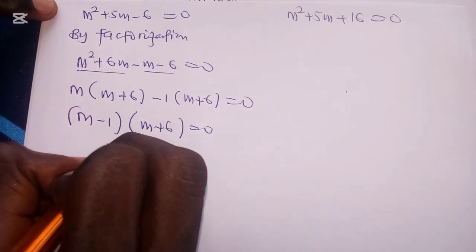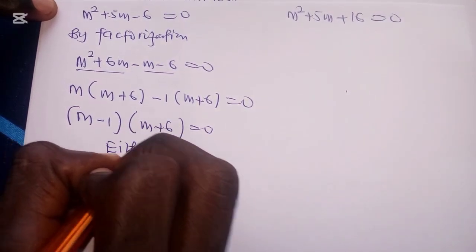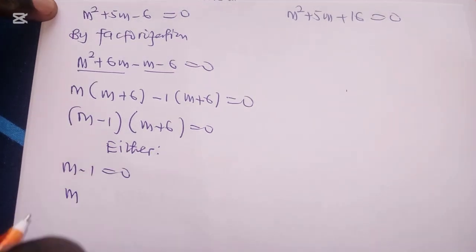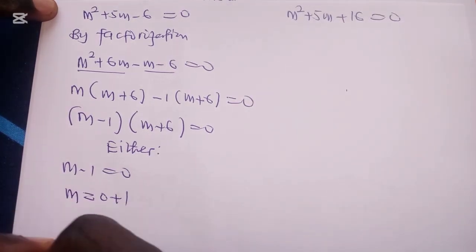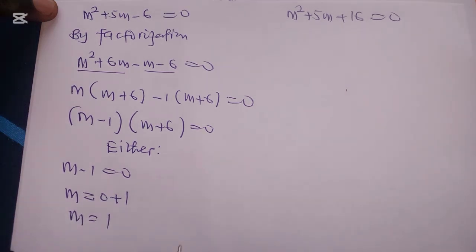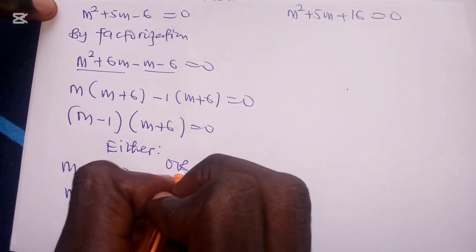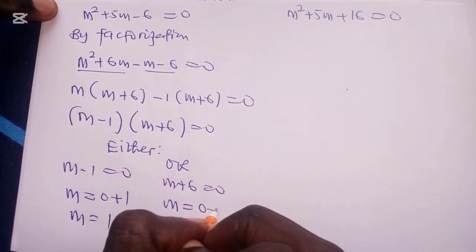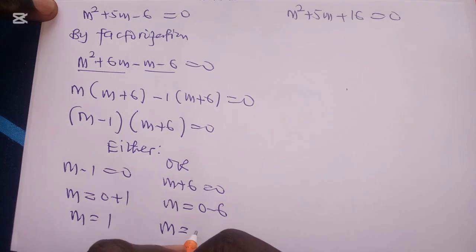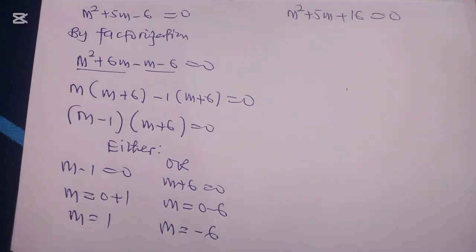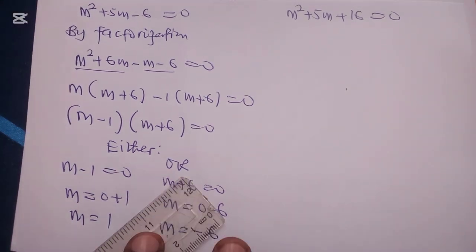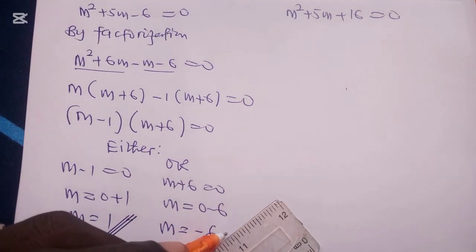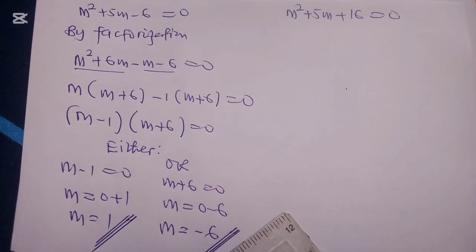Now we can say either m minus 1 is equal to 0, then the value of m becomes 0 plus 1, so m becomes 1. Or m plus 6 is equal to 0, then m is equal to 0 minus 6, so the value of m becomes minus 6. So these are the first two values of m from the quadratic equation: 1 and minus 6 respectively.